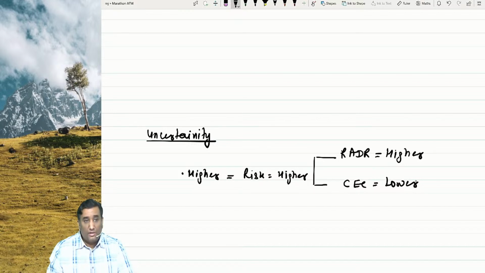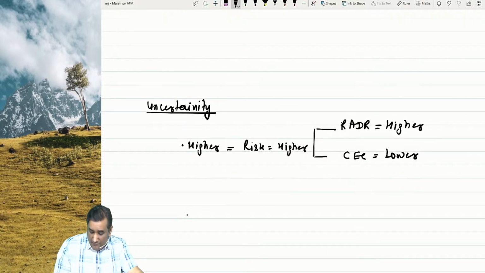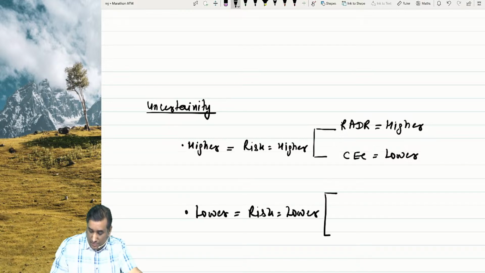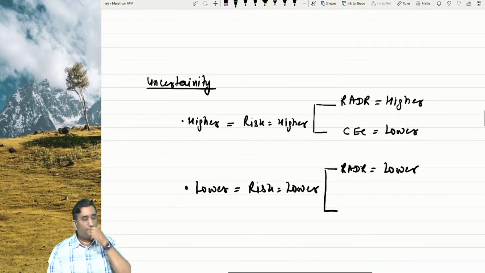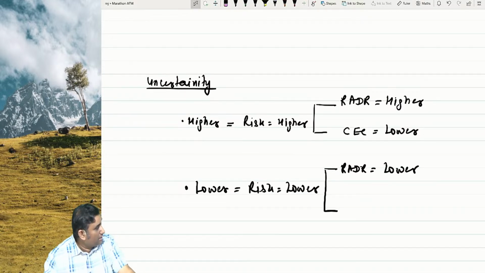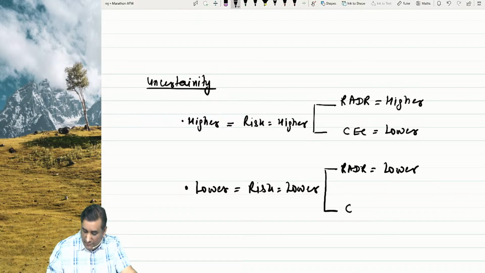Understand what I'm saying? The lower the certainty factor, the higher the risk. Exactly the same thing we did earlier. Second, if by chance uncertainty is lower, risk would be lower. If risk is lower and I was to use the RADR approach, I'll use a lower rate. And the CE factors would be higher.